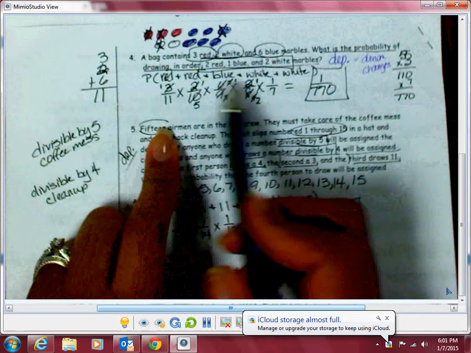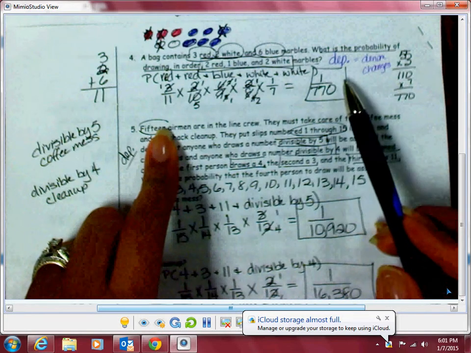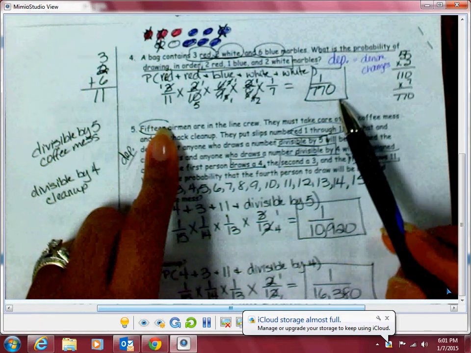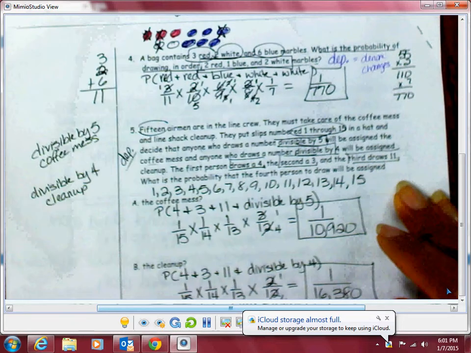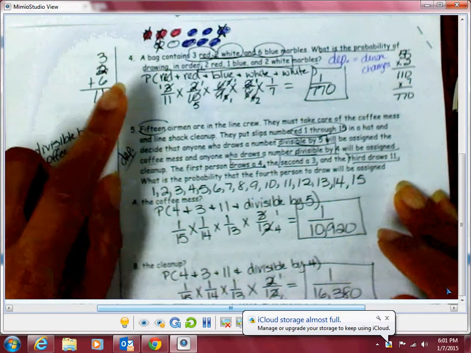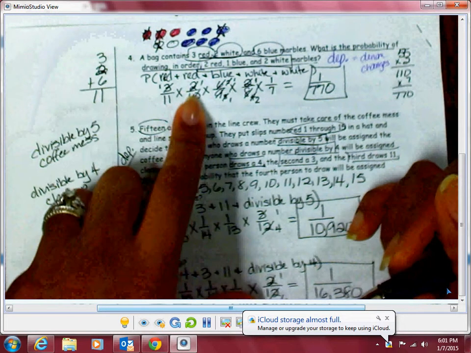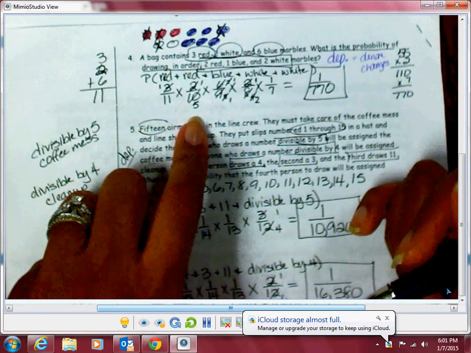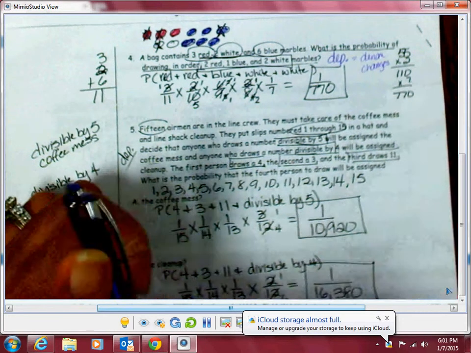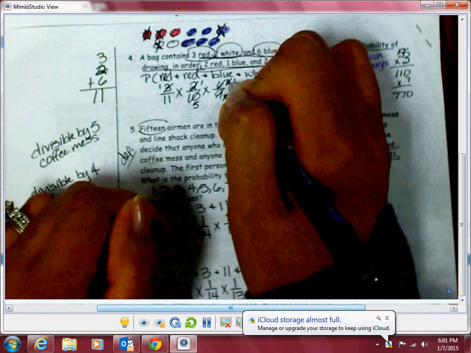So I simplified all my numbers and I got 1 over 770. If you need me to explain the simplifying, I'll do so very quickly. 2/10 simplified to 1/5. 6/9 first simplified to 2/3.